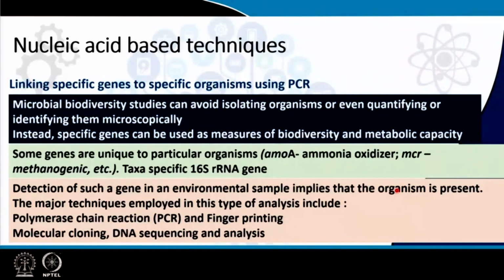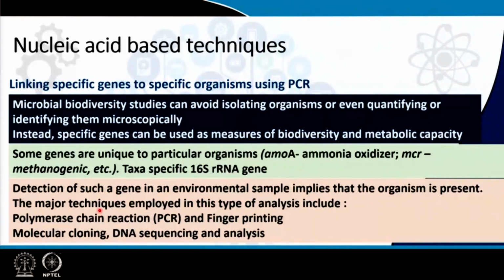So, if we are able to get a positive signal from this PCR amplification using the total DNA of our environmental sample, a positive response would necessarily mean that that particular gene is there. That means the organism responsible for harboring this gene might be there or is likely to be there.